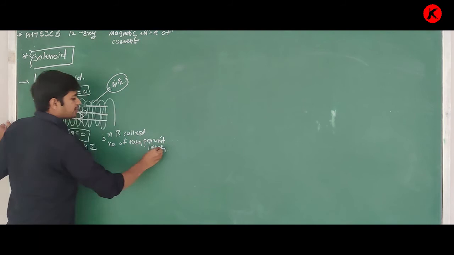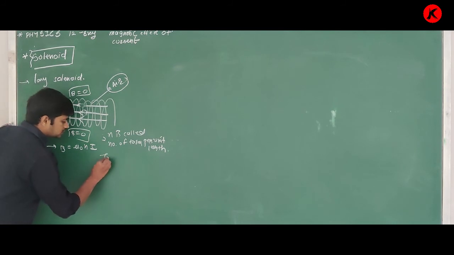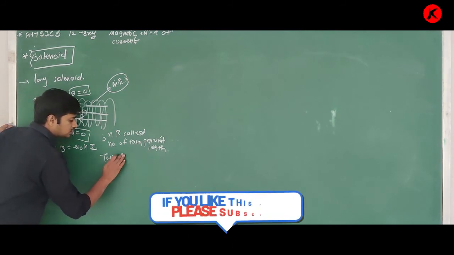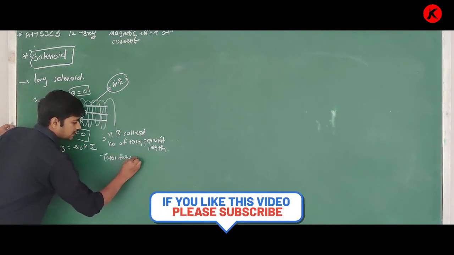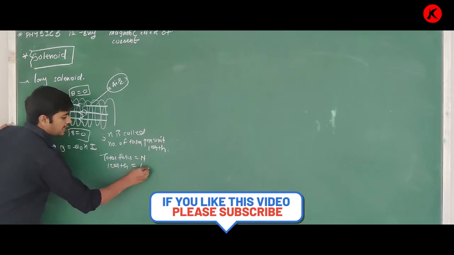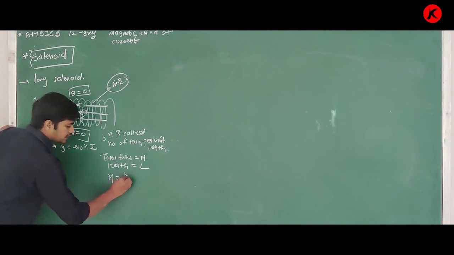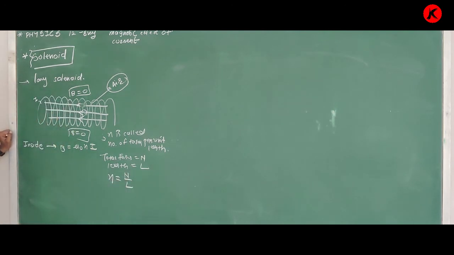If you are given that this solenoid has a total of N turns, and suppose its length is L, the length of the solenoid, then what is the number of turns per unit length? It is N upon L. Clear?